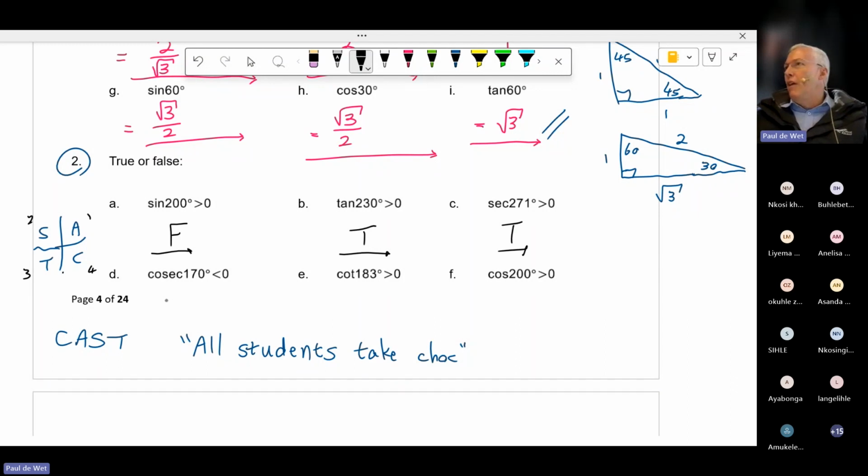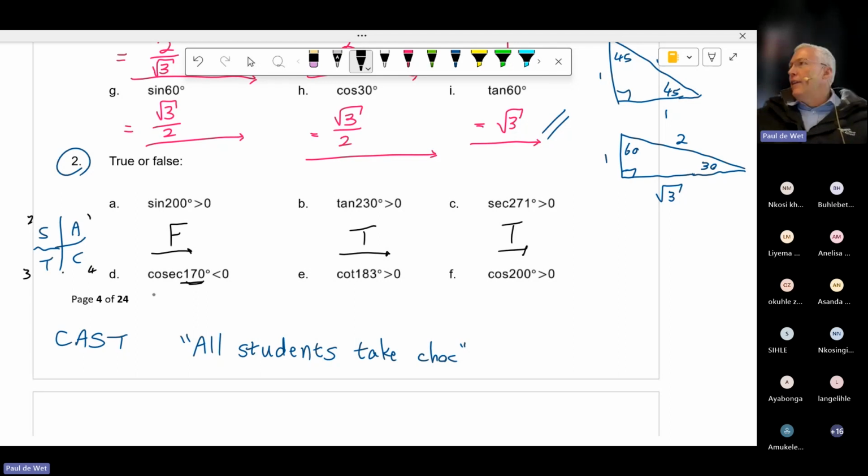All right. Cosec of 170. Let's get an answer from someone, just put your hand up. You say it's false. Okay, tell me which quadrant 170 is in? Quadrant 2.